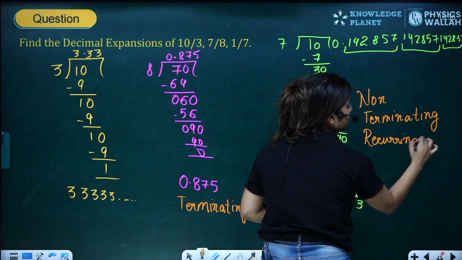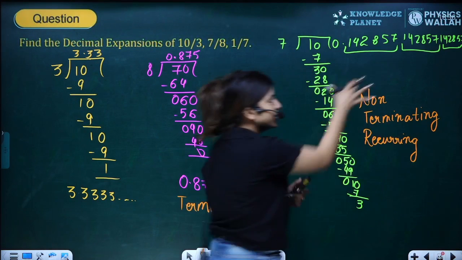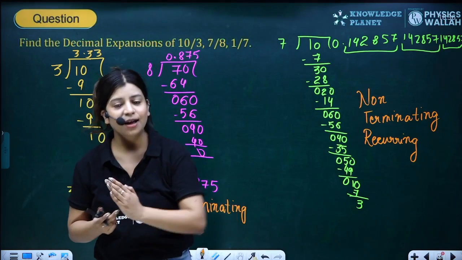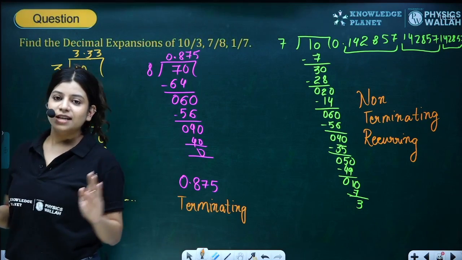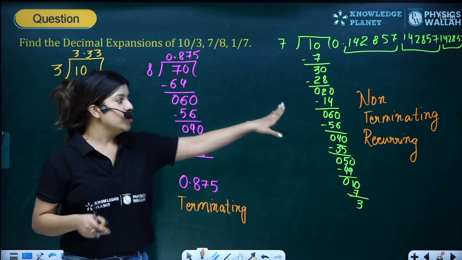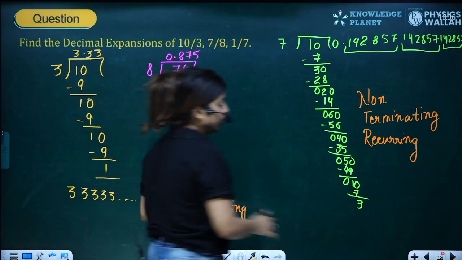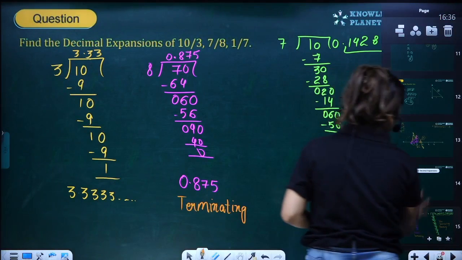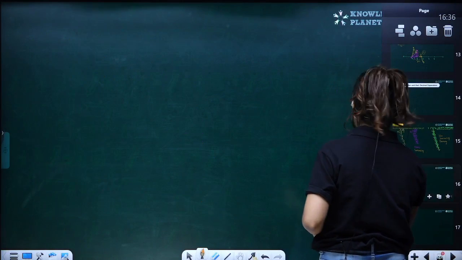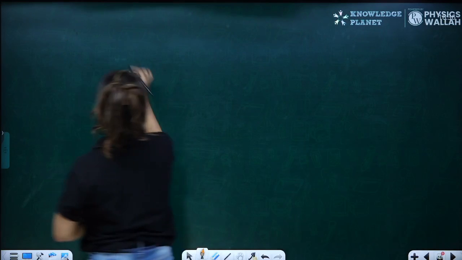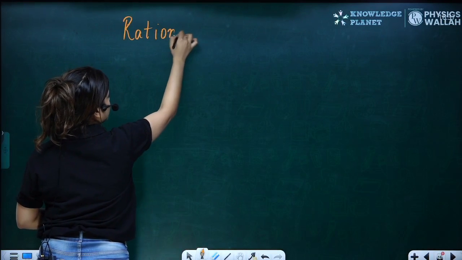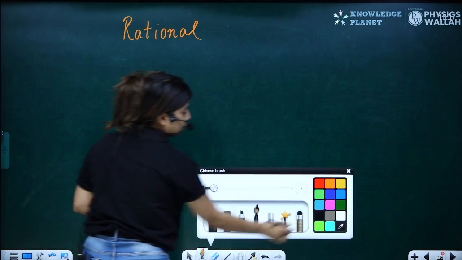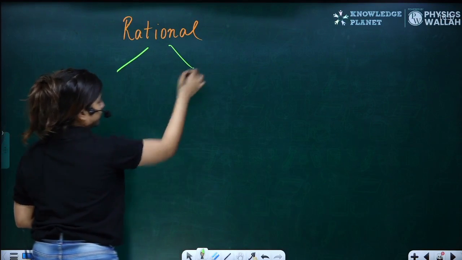Recurring means repeating, because these decimal expansions are not ending, but they are repeating the same numbers again and again. So from here, simply we can say that rational numbers come with two types of decimal expansion.